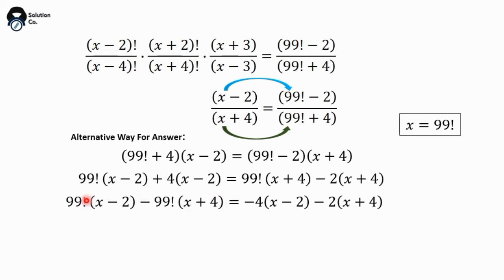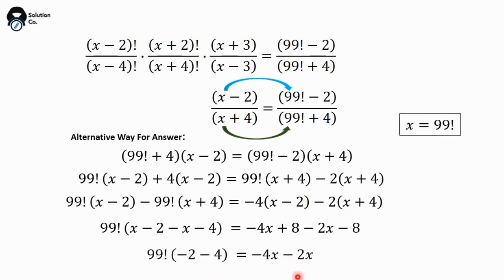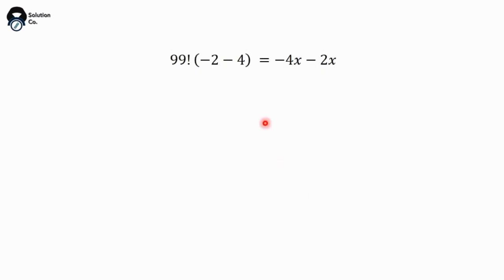Arranging the 99 factorial on one side. Then taking common 99 factorial and multiplying on the right hand side, and then solving this.